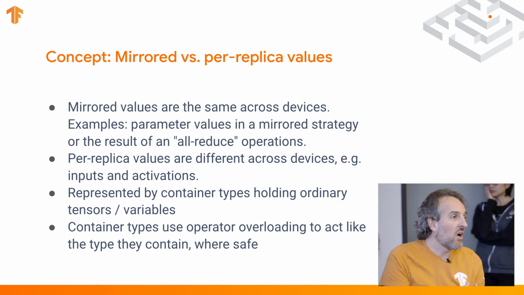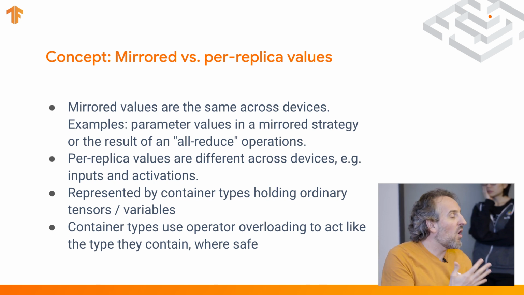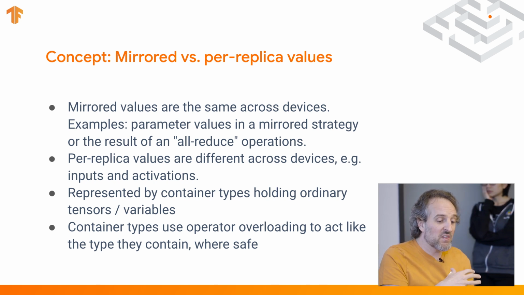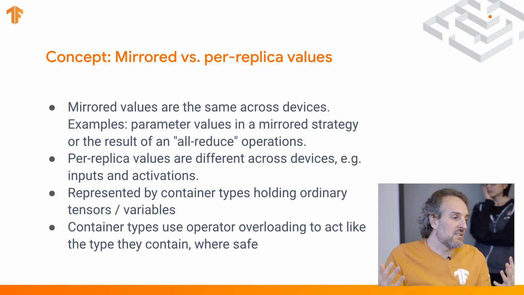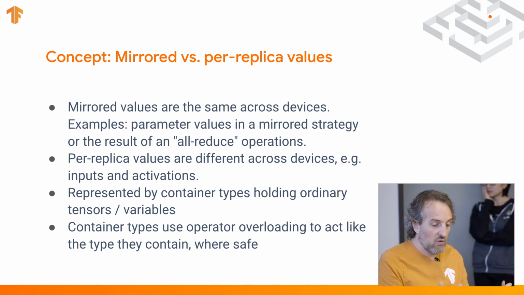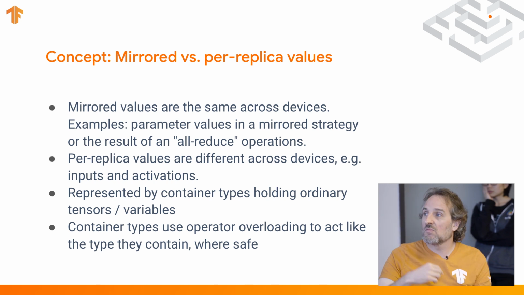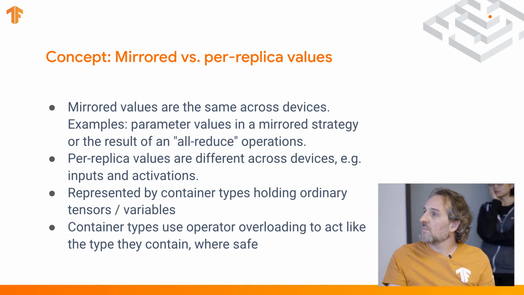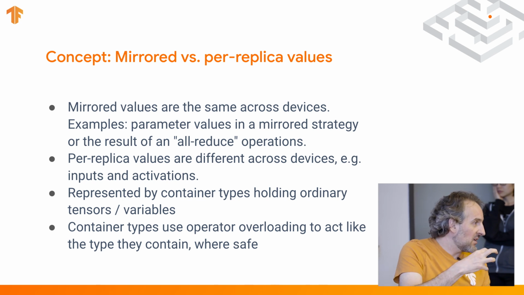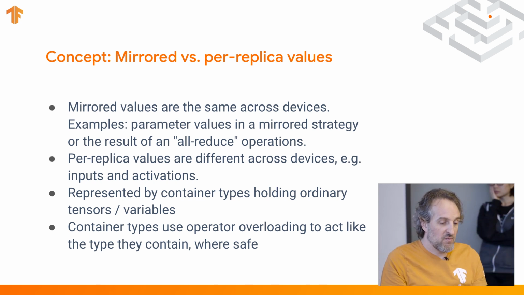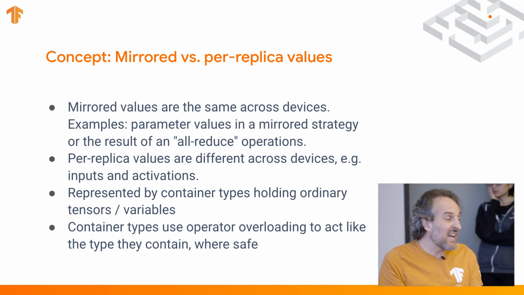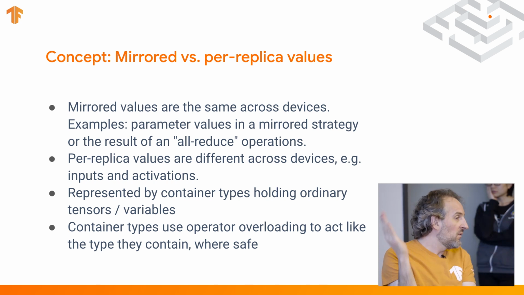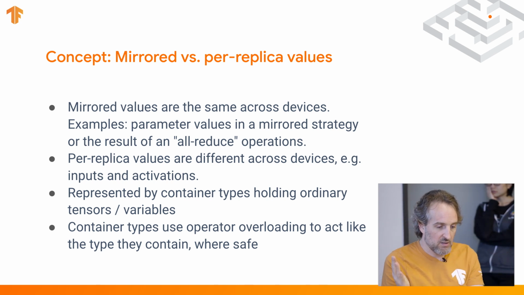Per-replica values are almost everything else. Basically, all the things that are going to be different on every replica, like the different inputs, the different activations, and so forth. We aggregate these values, either the mirrored or per-replica values, into aggregated containers that have a single value per replica.